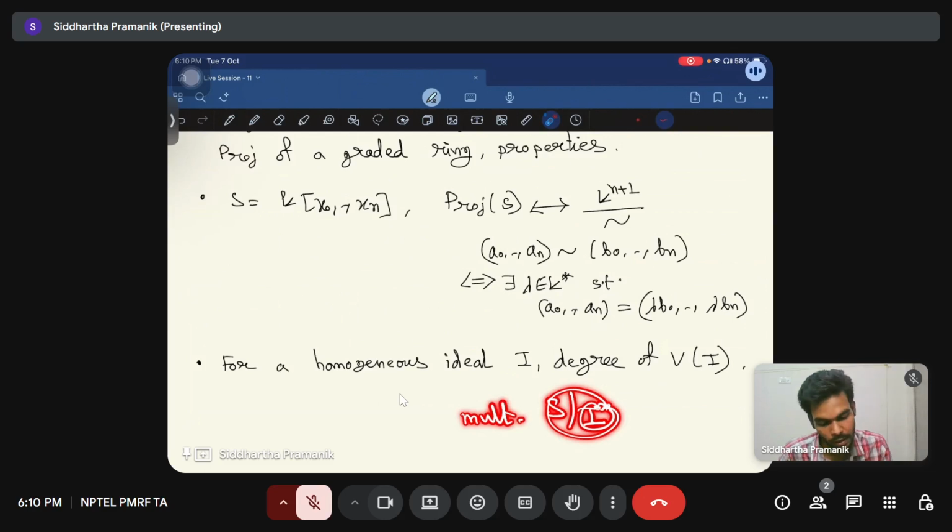In the Hilbert polynomial we have a special coefficient that we call the multiplicity, and that is the degree of V of I.